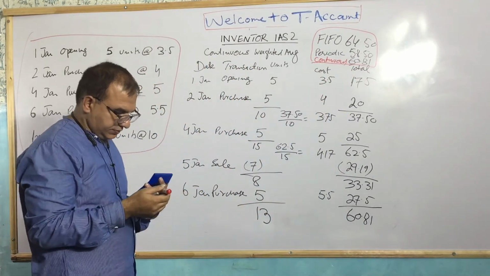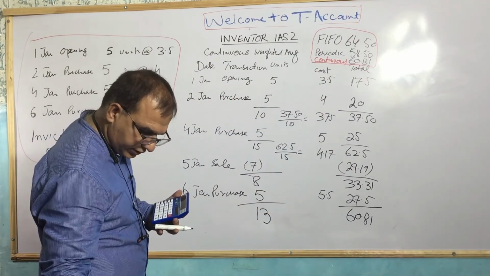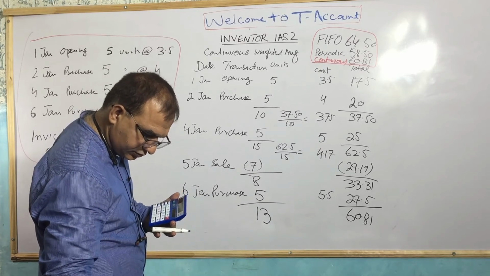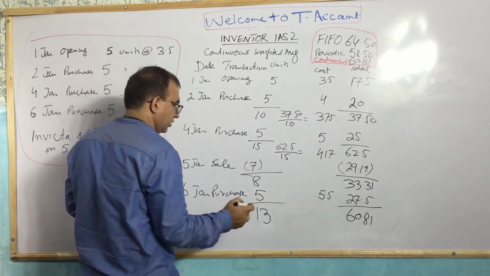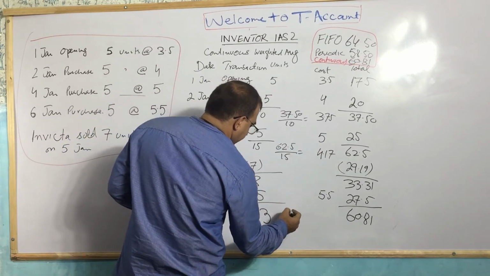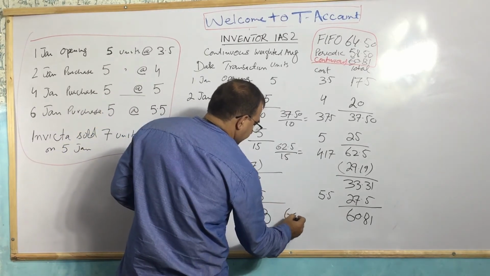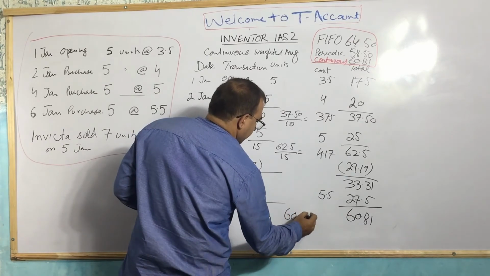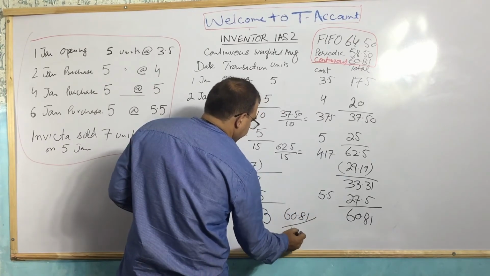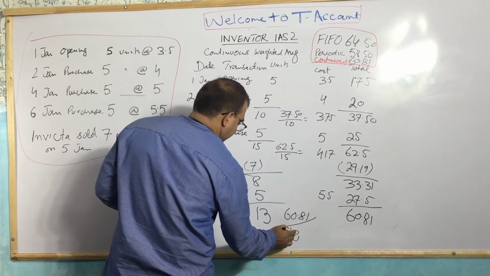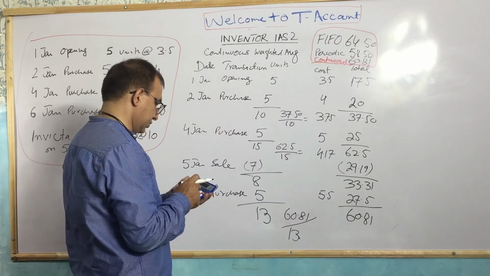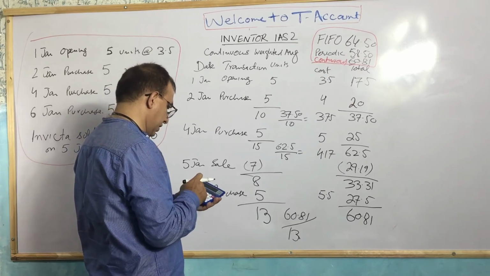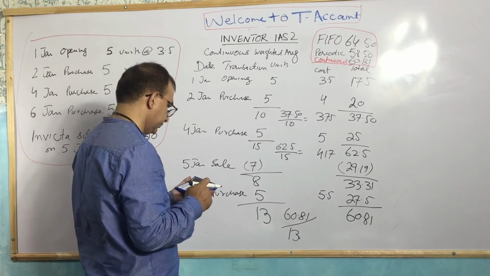Okay, but let's calculate the per unit rate as well, because that's easy and now it's not a big deal for us. Why do we leave it? 60.81 divided by 13.